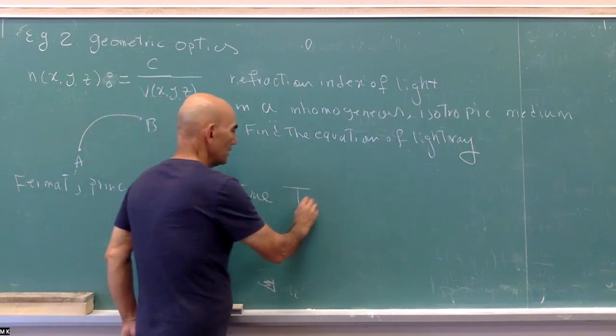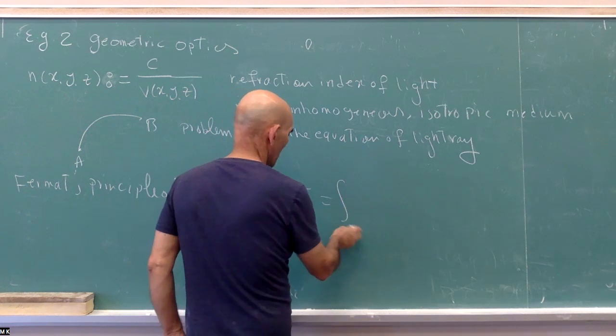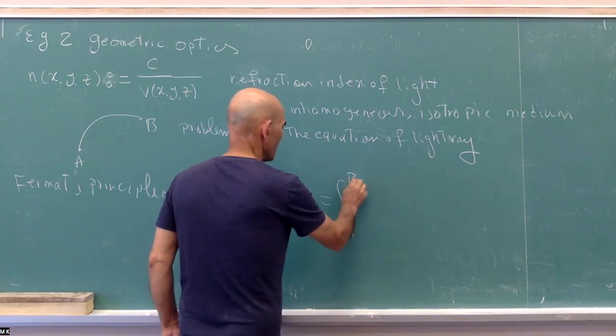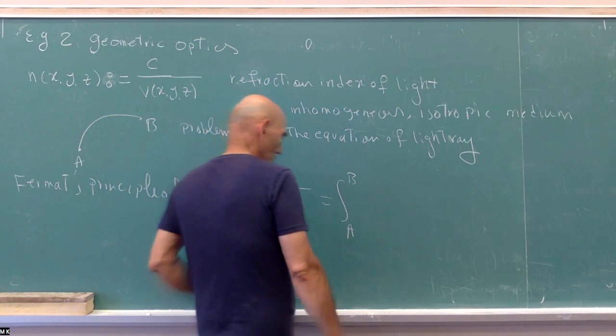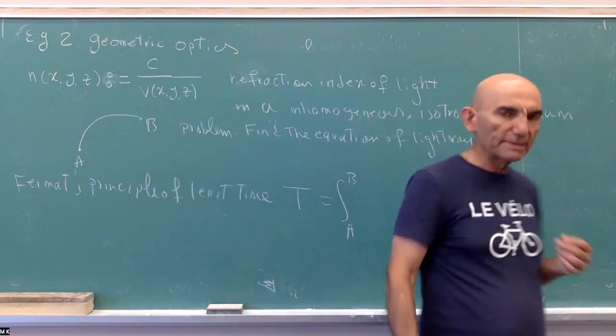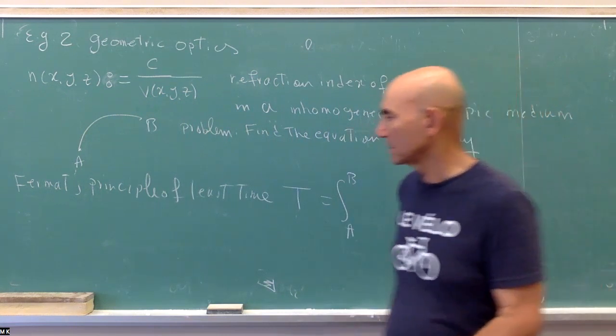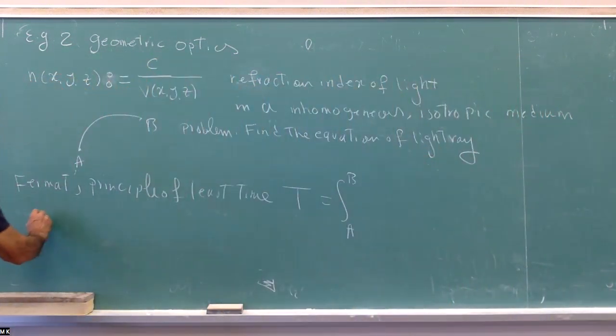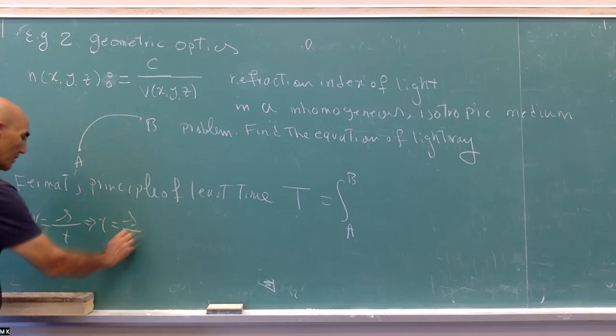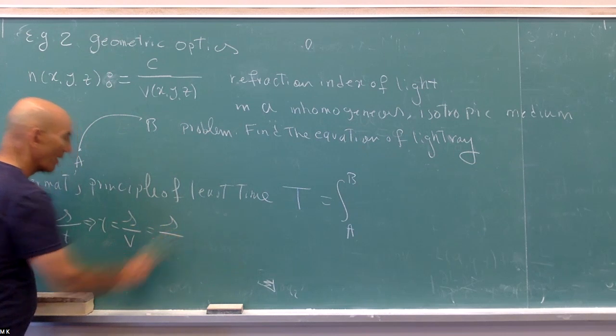So this t, which is an integral from A to B, I just write it like this. What is time? Velocity is equal to the distance taken divided by time, right? So then time is equal to distance divided by velocity, so S divided by v.